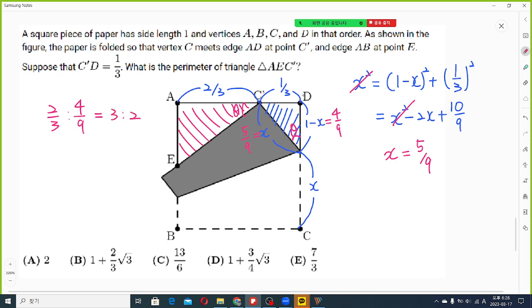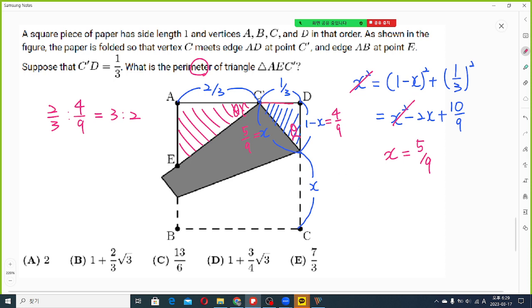3 and 2. So for the perimeter, what's the perimeter of the right triangle, the smaller triangle? Perimeter of triangle AEC.